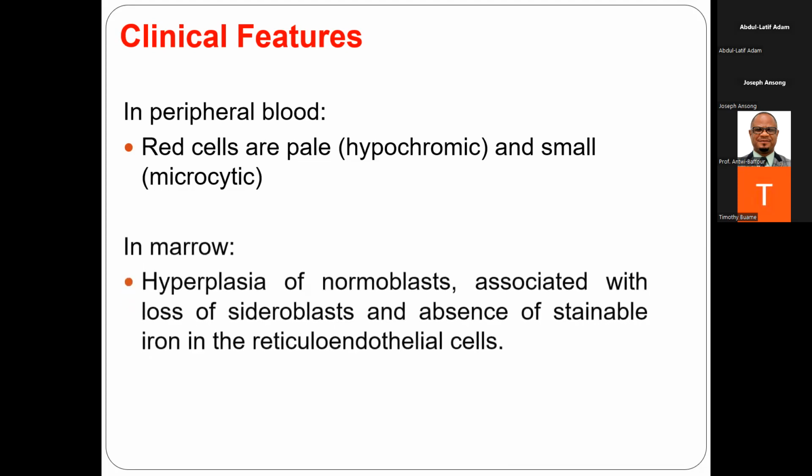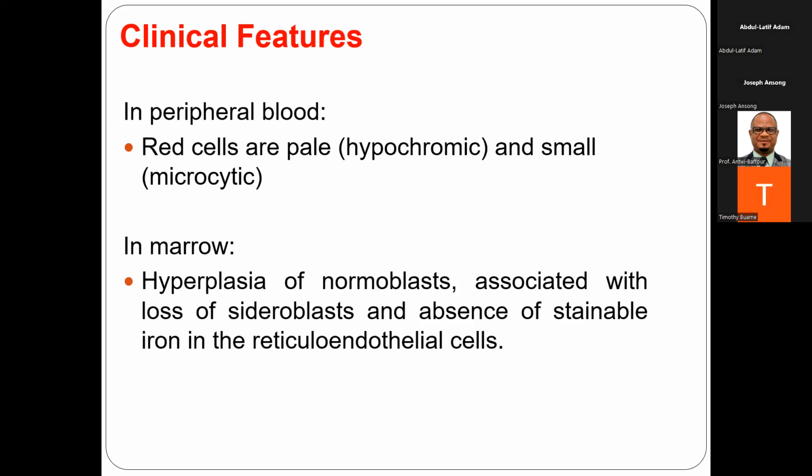In the bone marrow, because there isn't enough oxygen in the blood and there is tissue hypoxia, the bone marrow is stimulated to produce more. So you see hyperplasia of normoblasts in the bone marrow, trying to produce more, and this is associated with the absence of stainable iron in the reticuloendothelial cells.